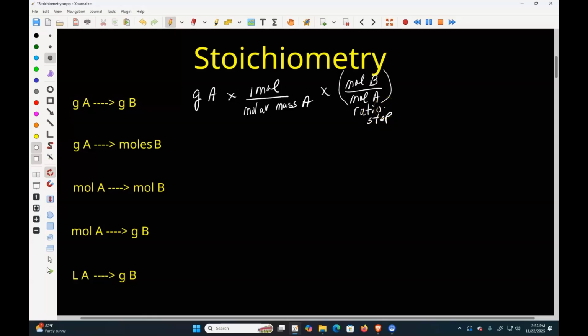This is the only place in stoichiometry where you use the coefficients in a balanced equation.